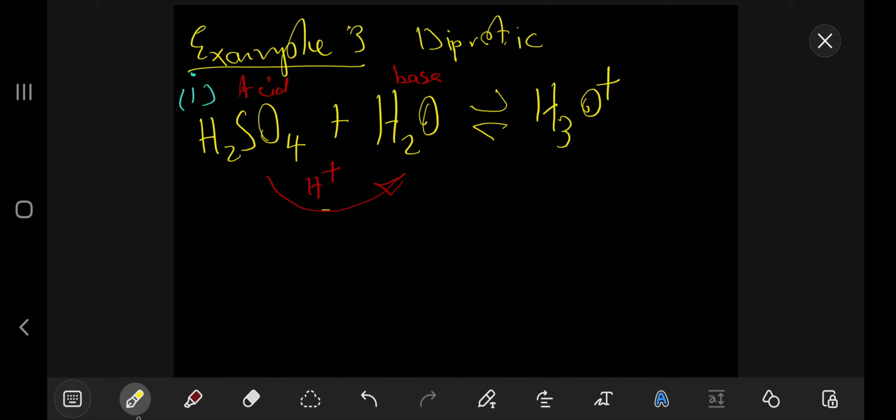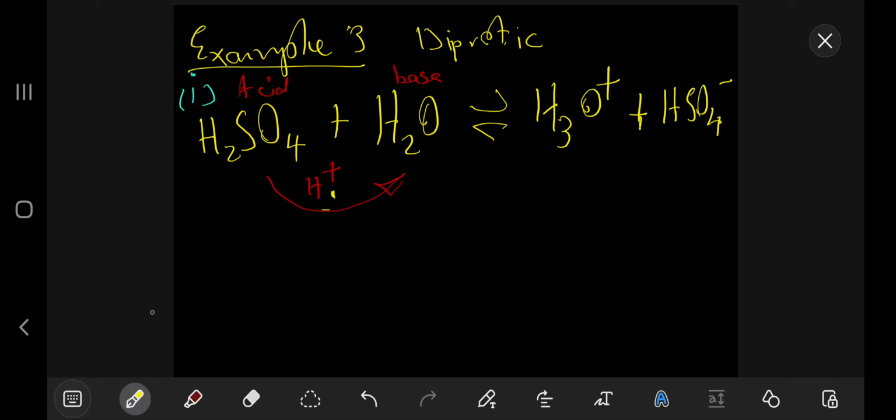And then plus the second product, which has 1 less hydrogen, so it will be HSO4 minus. So this is the first reaction, where the first proton is donated, right?